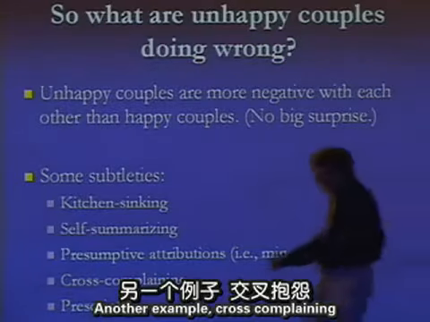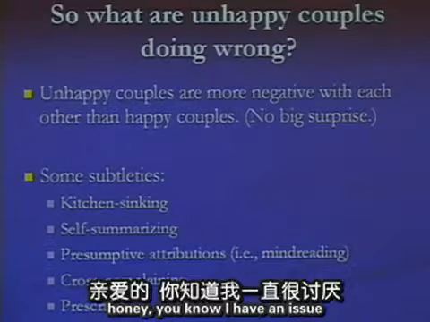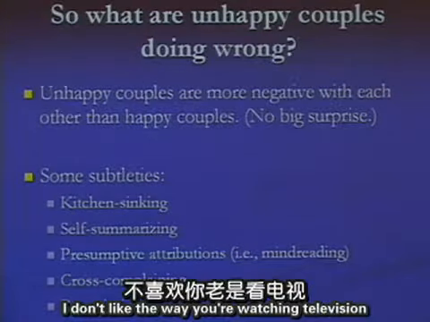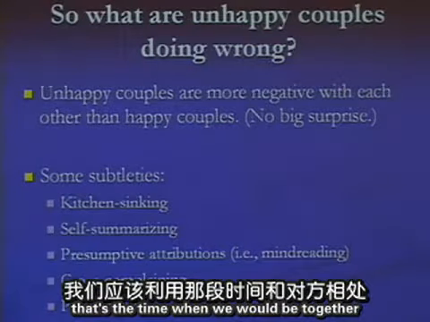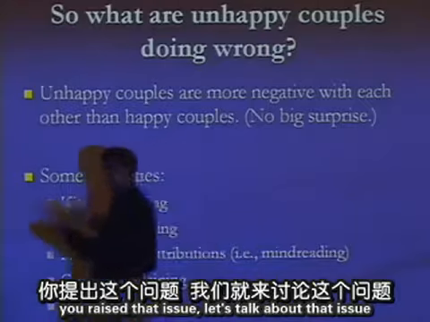Another example, cross-complaining, kind of more intuitive. If someone says, honey, I have an issue. I don't like the way you are watching television at night when that's time when we could be together. Well, a happy couple says, all right, you raised the issue, let's talk about that issue.